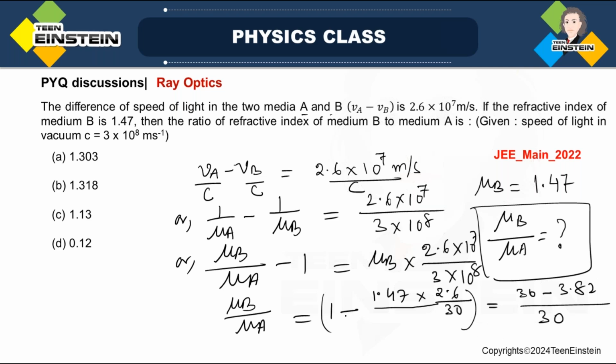Okay, actually this will be plus, so that's why the problem is coming. Anyway, so this will be positive then. So this is 33 divided by 30, nearly 33.